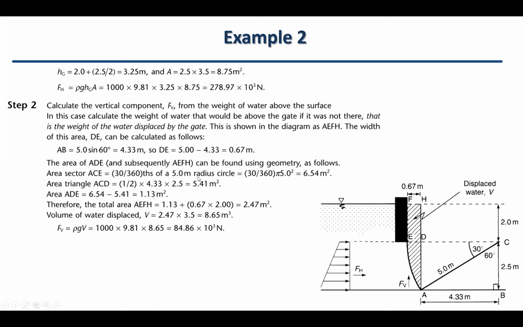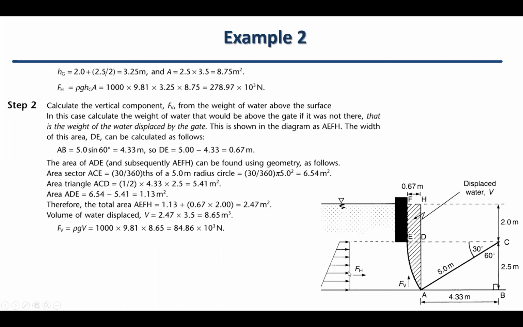We can write 30 divided by 360, meaning this section is 30 out of 360, times the area of the whole circle, which is pi times 5 squared. That is equal to 6.54 square meters. So this is the area of the sector ACE.